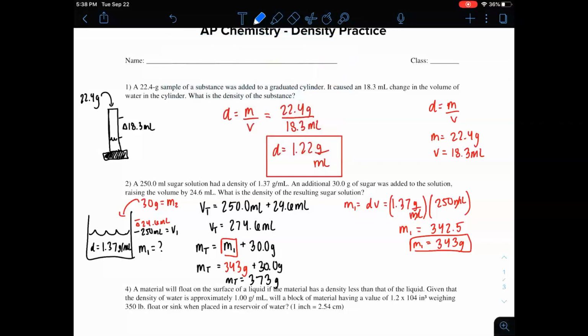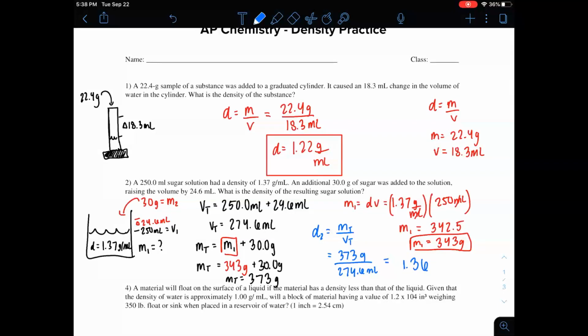And I can do my density calculation. I can do my new density, or density 2. So density 2 is equal to mass total over volume total, which is equal to 373 grams over 274.6 milliliters. So my resulting answer, plug that into my calculator here, I get out an answer of about 1.36.